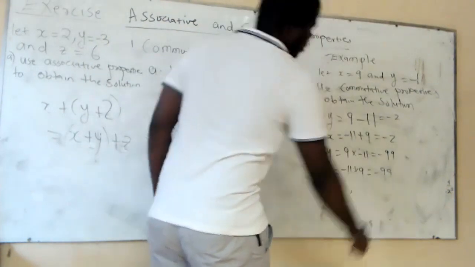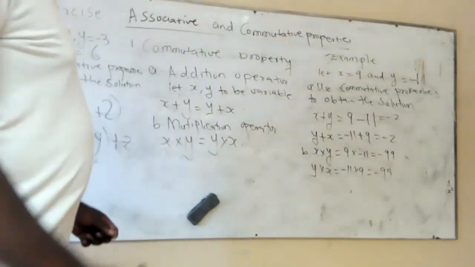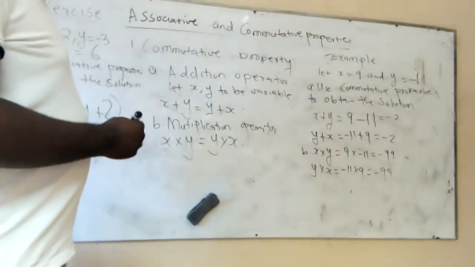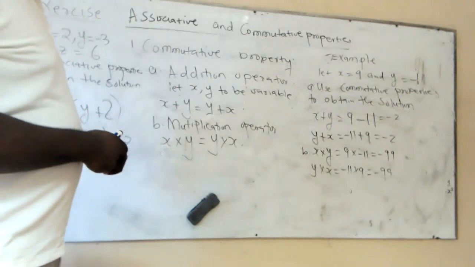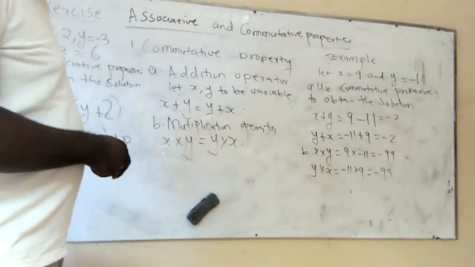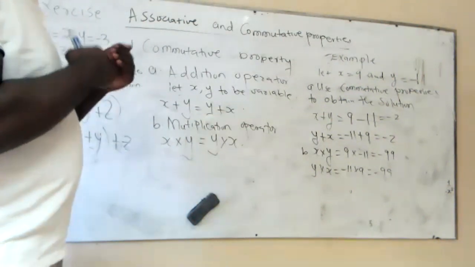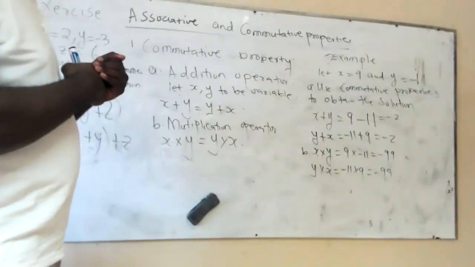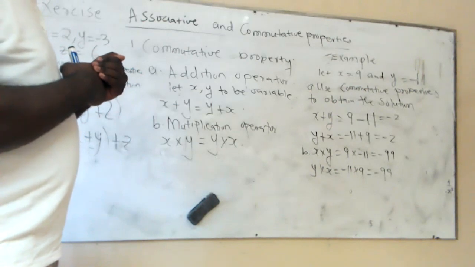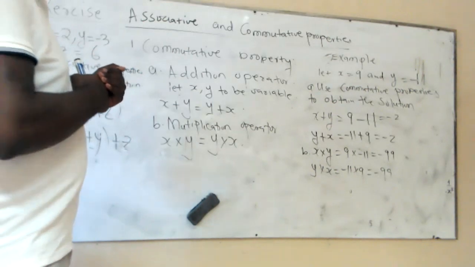What happens if the answer is not the same? For real numbers, there's no way that you're going to get different answers in this case. But for complex numbers, I can tell you, you're going to get different answers for these properties.